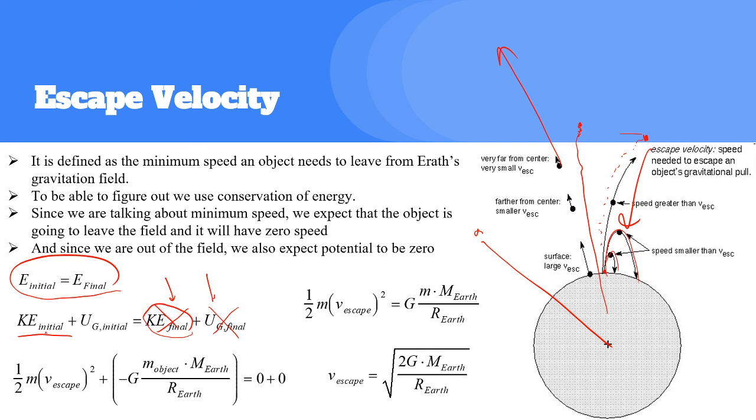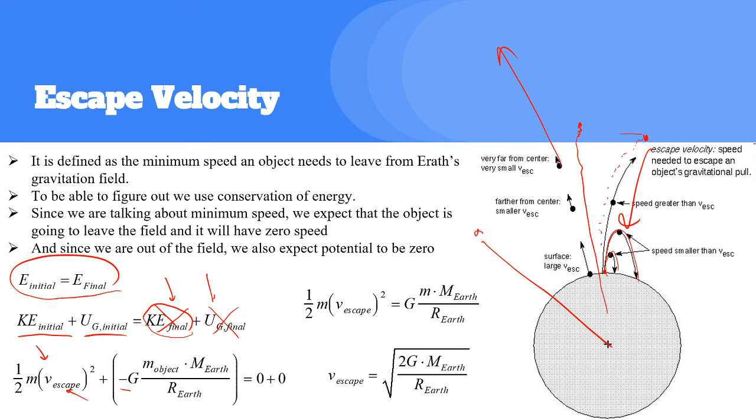So then what are we going to have? We are only going to have initial kinetic energy, which is 1/2 mv squared. But the v that we are defining over here is going to be the escape velocity, plus the potential energy that we are talking about. And how do we calculate the gravitational potential energy? Negative G m object m Earth divided by r Earth.